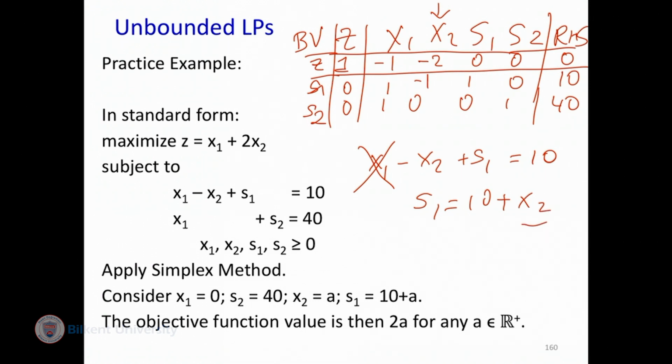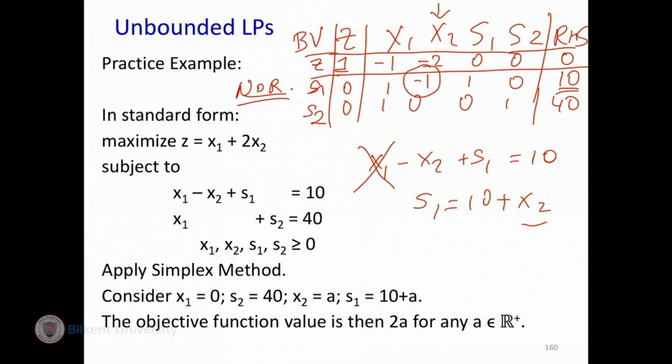So no matter how high x2 gets, s1 will not be negative, right? So there is no bound coming from this equation in terms of the ratio. There is no ratio coming from this equation. Does it make sense? So if you look at the ratio, you have 10. You divide by the coefficient of the entering variable, but only if that coefficient is positive.